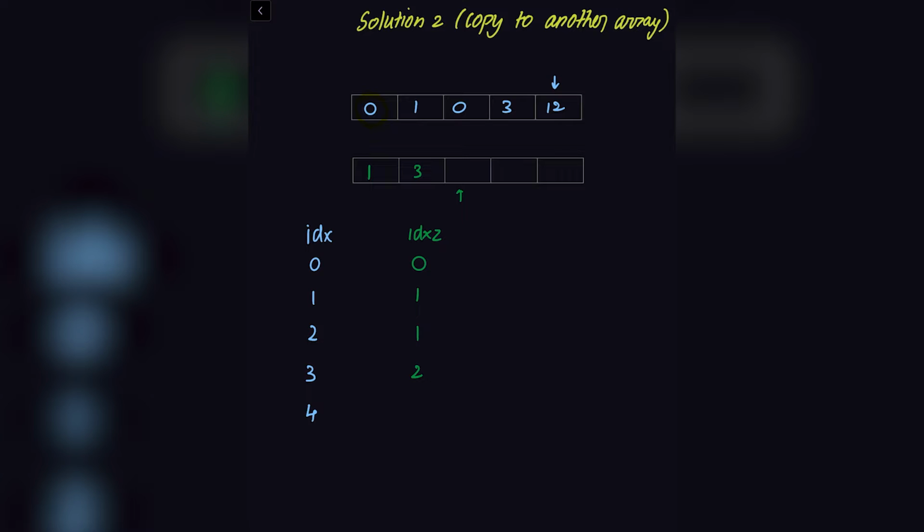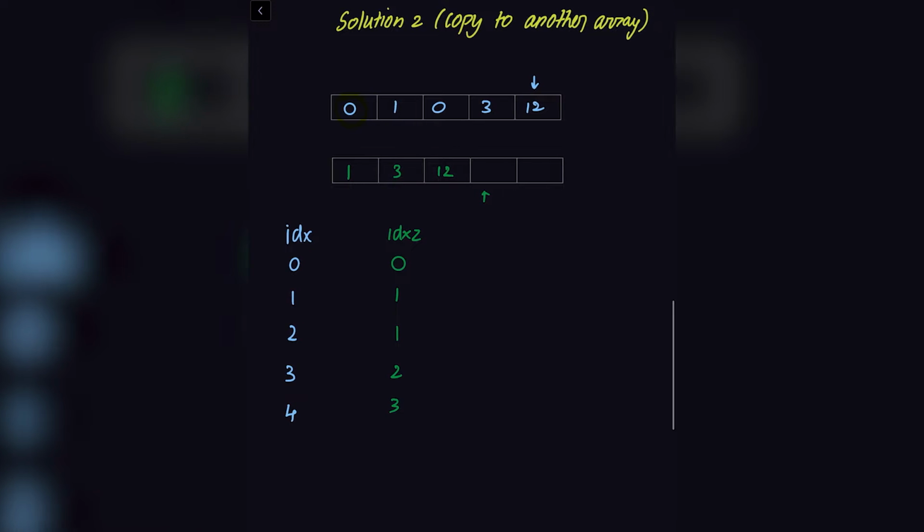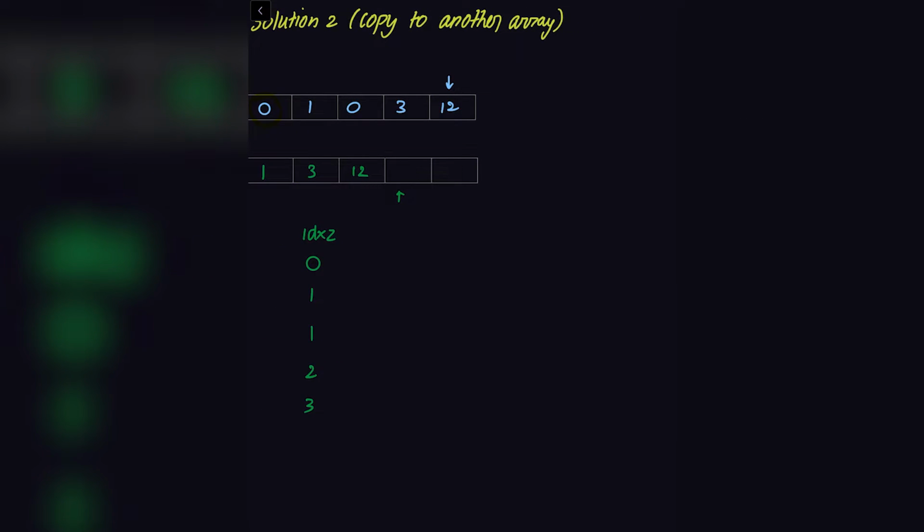So we would copy that to the new array, and we would move idx2 by 1. So towards the end, our idx2 is on index number 3, and then we would essentially have a for loop from wherever idx2 ended and just fill everything with 0. So the pseudocode would look something like idx2 equals 0.